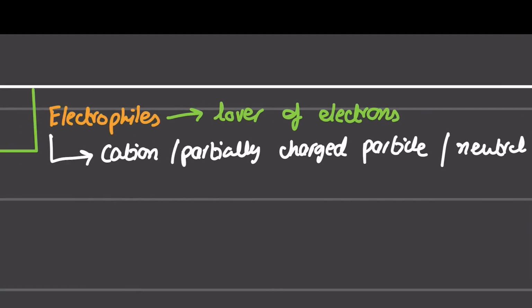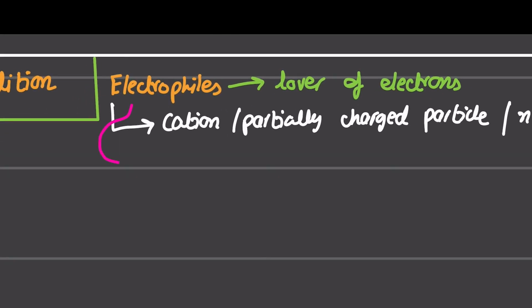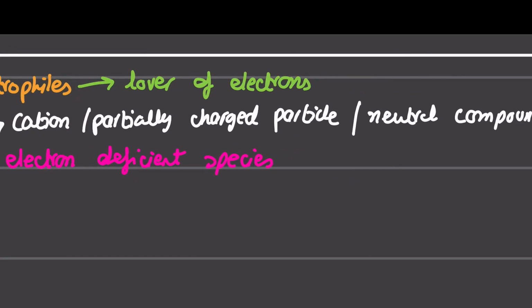We'll go into a lot of detail, don't worry. But right now, an electrophile is a lover of electrons, and by default, hence, we can just say that it is an electron deficient species. And as it is an electron deficient species, it's going to be positive.